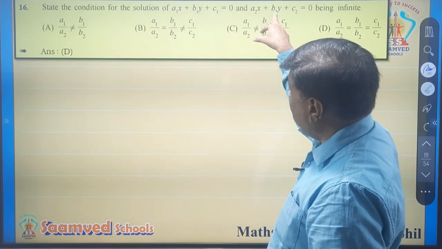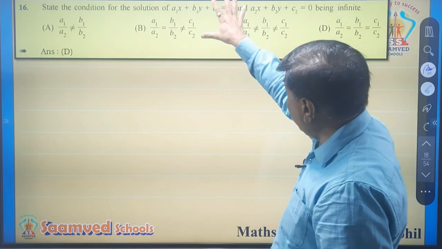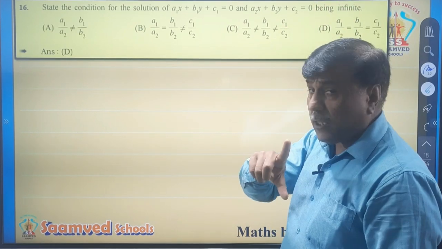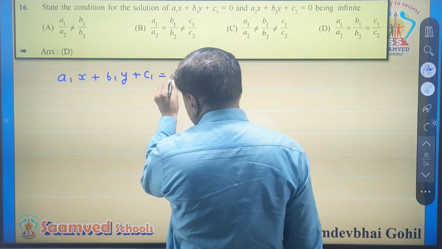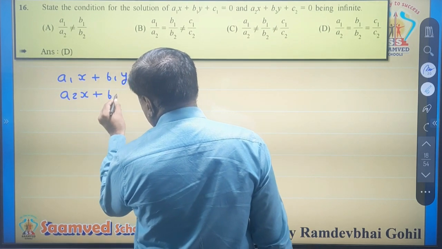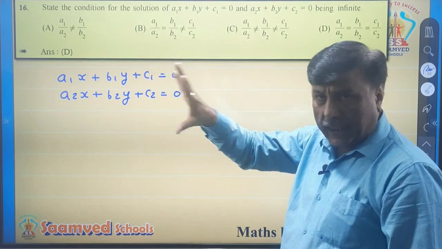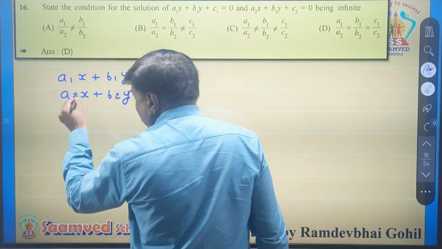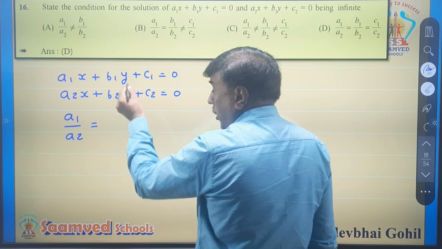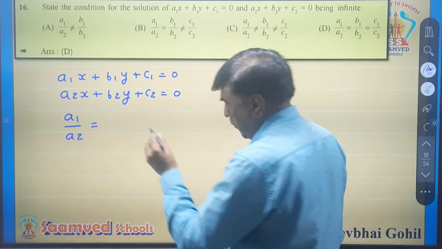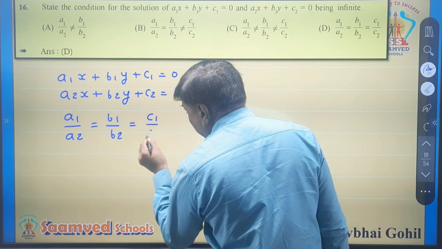If there are two equations, a1x plus b1y plus c1 is equal to 0 and a2x plus b2y plus c2 is equal to 0, and the solutions are infinite, then the condition is: the ratio of the multiples of x, a1 upon a2, is equal to the ratio of the multiples of y, b1 upon b2, is equal to the ratio of the constant terms, c1 upon c2.